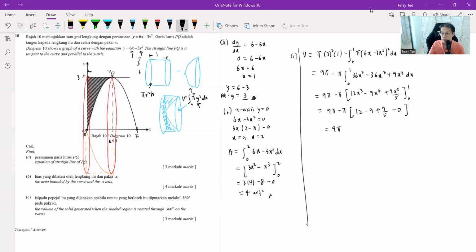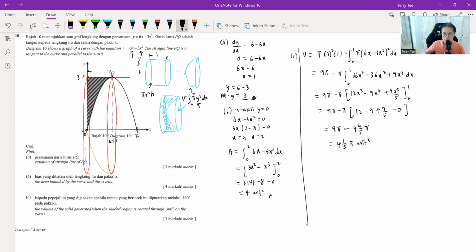Okay, 12 minus 3, minus 9 is 3. 9 over 5 is actually 1.8, so there's a 1, there's a 3, so it's 4 over 5. So when you subtract, you're left with 4 and 1 over 5 pi unit cube.